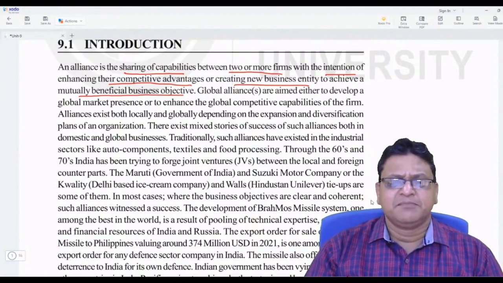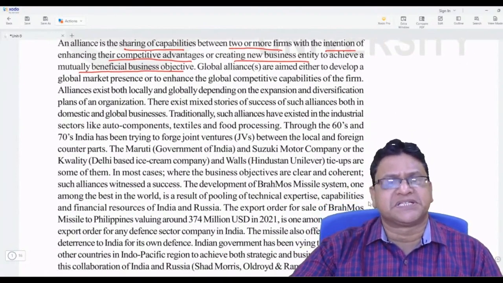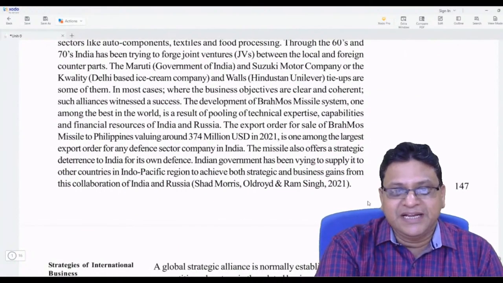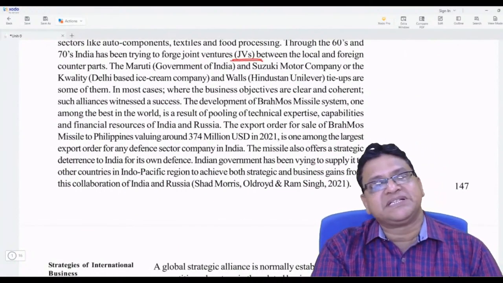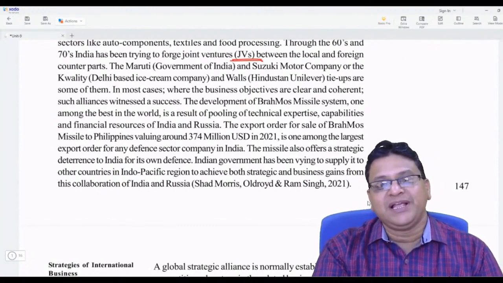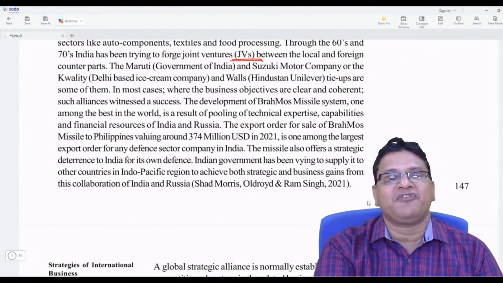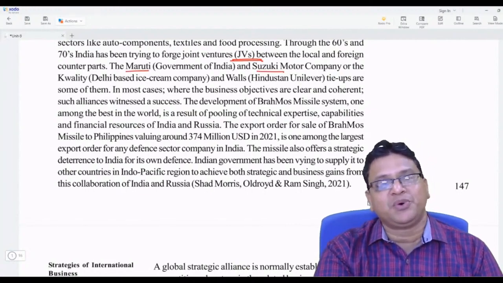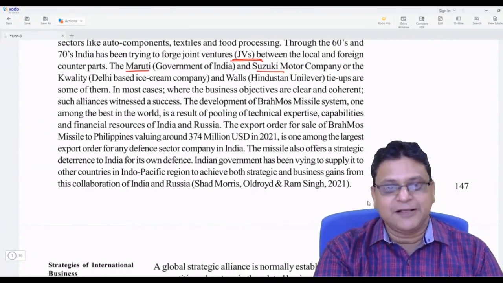The alliance may be in the form of JVs. What is JV? Joint ventures. You know that in the Indian automaking business, the most important joint venture is of Maruti and Suzuki. It's a form of alliance. Maruti Motors is an Indian company.